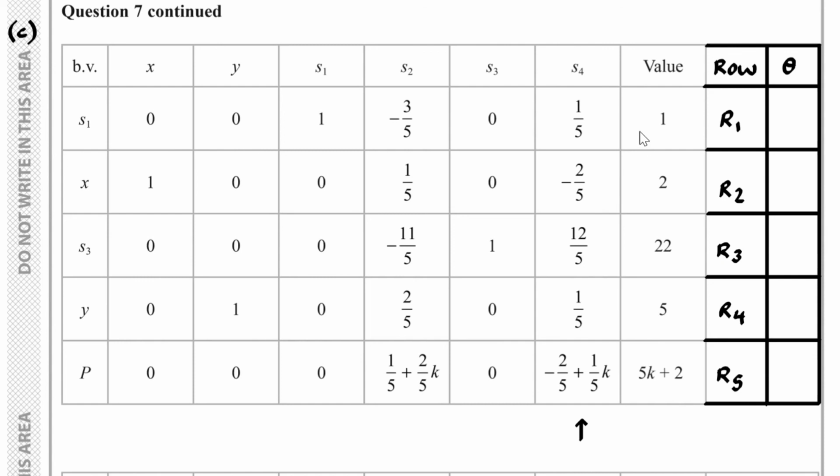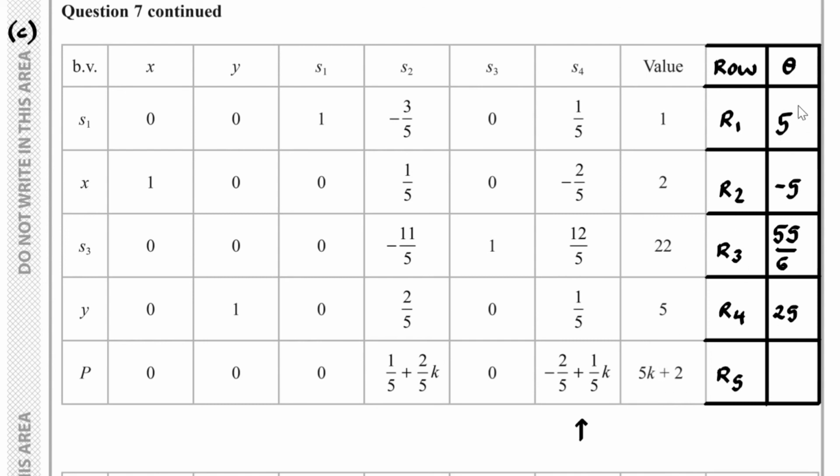So 1 divided by 1/5 is 5. 2 divided by minus 2/5 is minus 5. 22 divided by 12 over 5 is 55 over 6. 5 divided by 1/5 is 25.